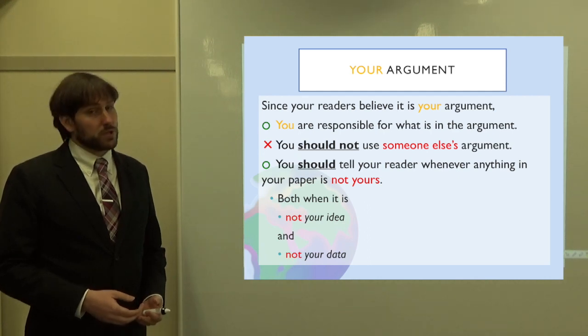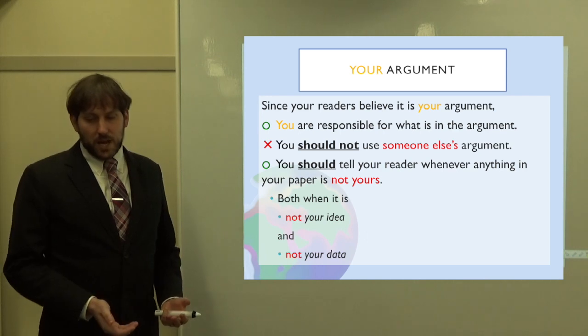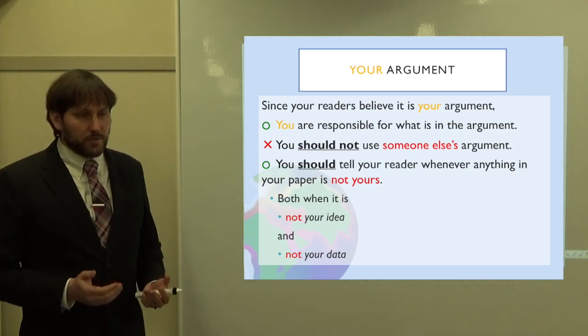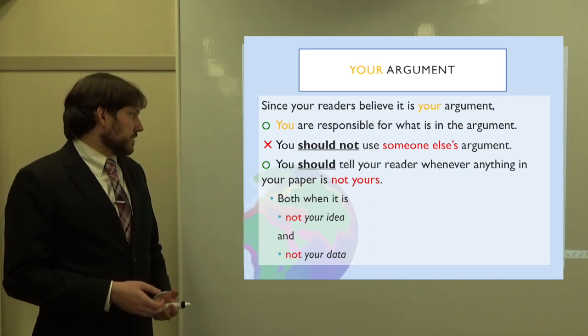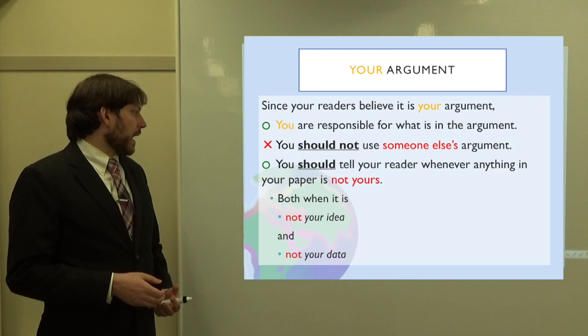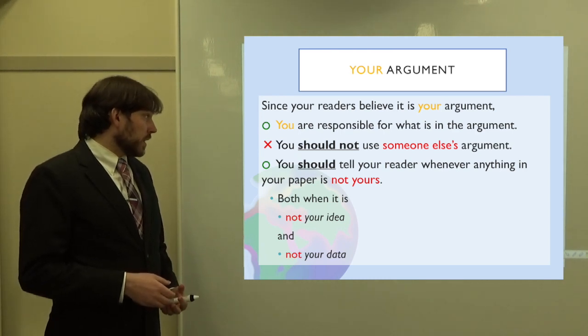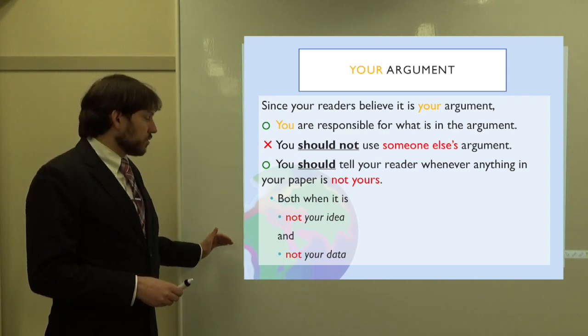This means you should not use someone else's argument. It means instead, you should tell your readers whenever your paper includes something that is not yours. So whenever anything in your paper is not your argument. This includes both when it is not your idea and when it is not your data.